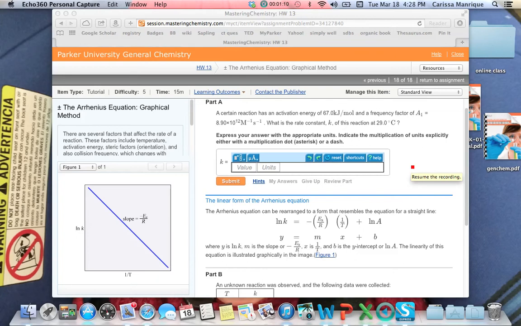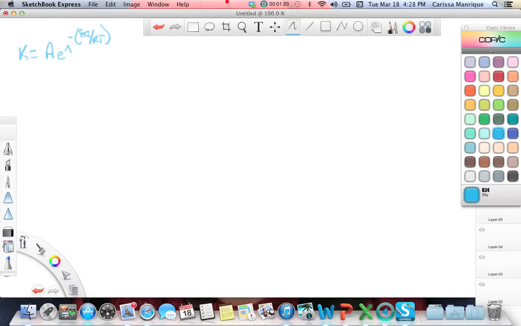Okay, so that's our equation. Let's write down all our data here. We have activation energy, which is Ea, 67 kilojoules per mole.